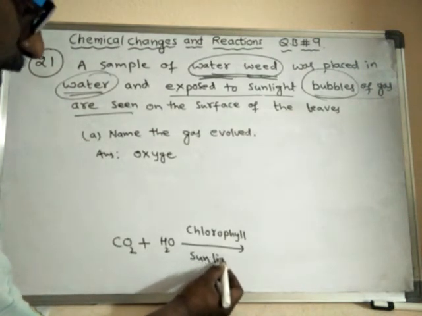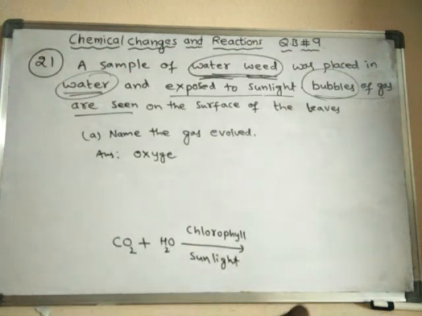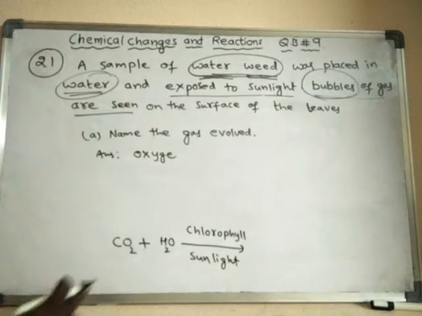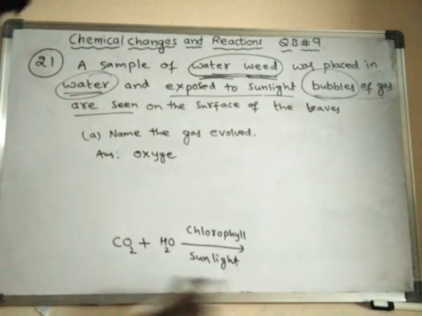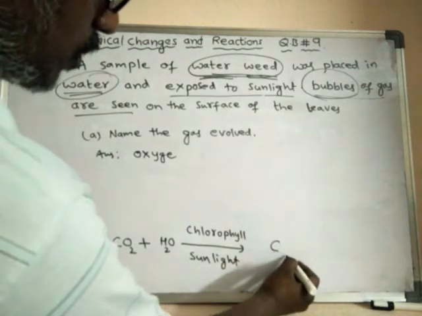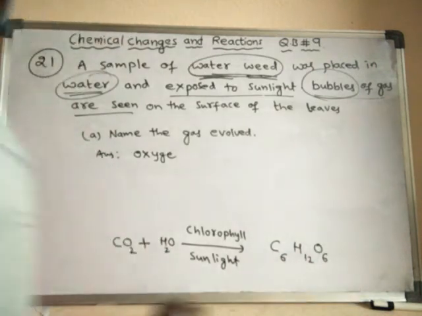If sunlight is present, then these two will combine. When they combine in chlorophyll in the presence of sunlight, they convert into food material known as glucose, C6H12O6.